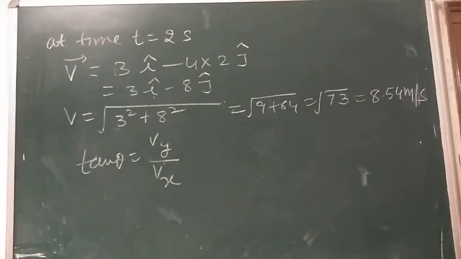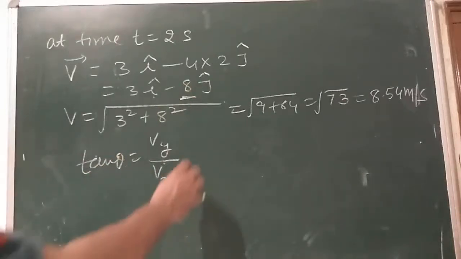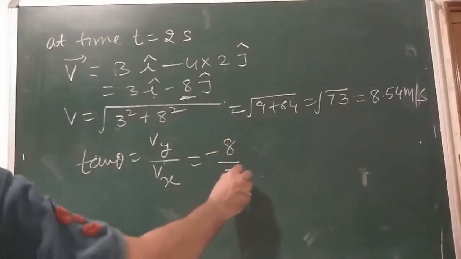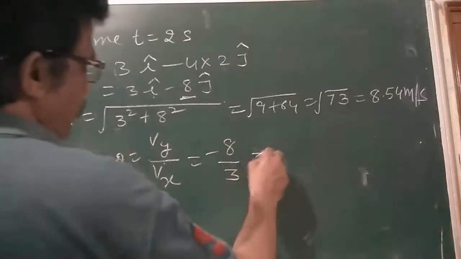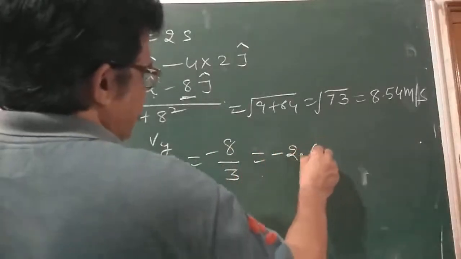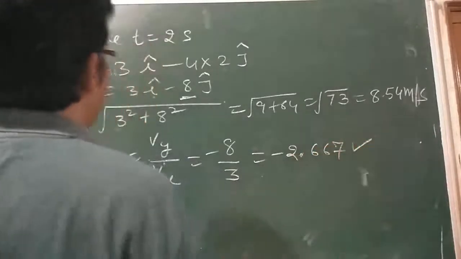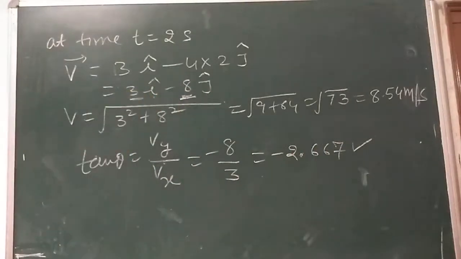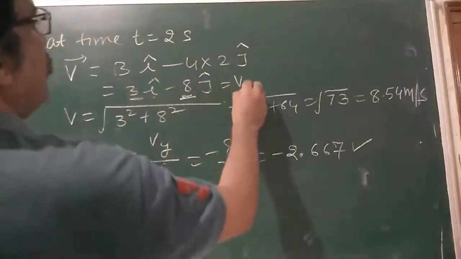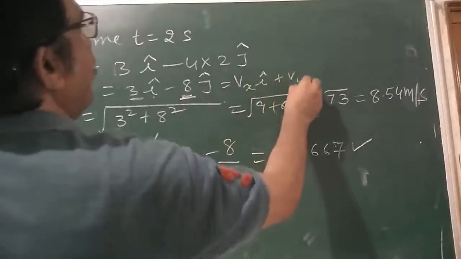Vy here is minus 8, divided by 3, so minus 2.667. This is Vy, this is Vx. Is it clear? I can write it like this: Vx i cap plus Vy j cap.